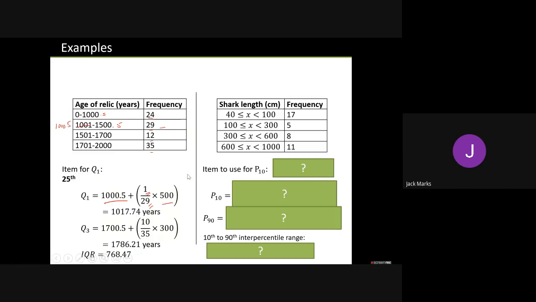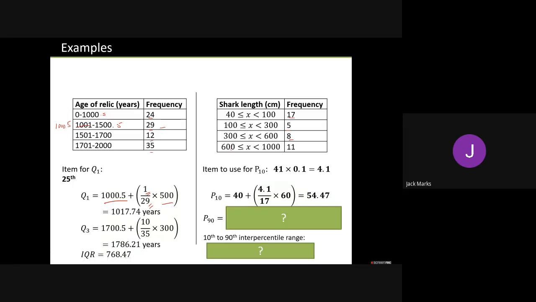Over here, we're talking about the 10th percentile. So what we need to do is add them together. So 17 plus 5 is 22, so 30, 41. So we're actually going to talk about the 4.1 position. Where is this? This is going to be in this group here. So just have a think about using linear interpolation, what's going to happen.